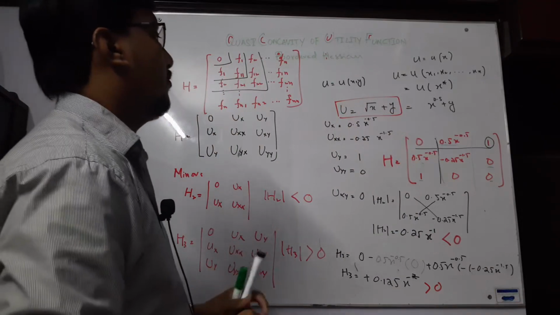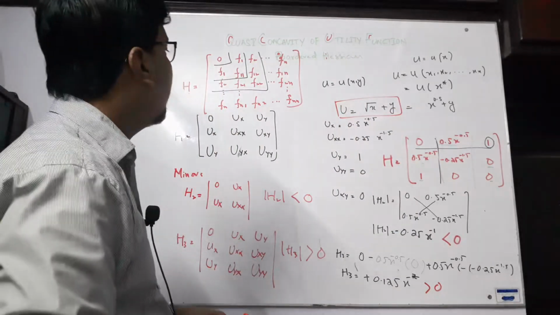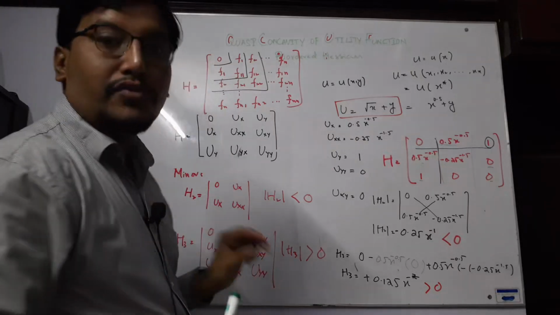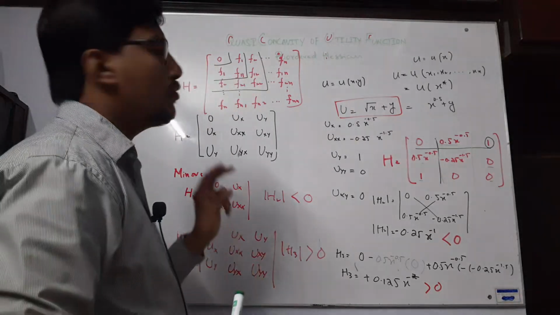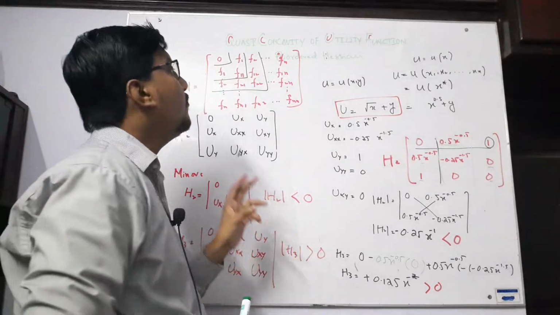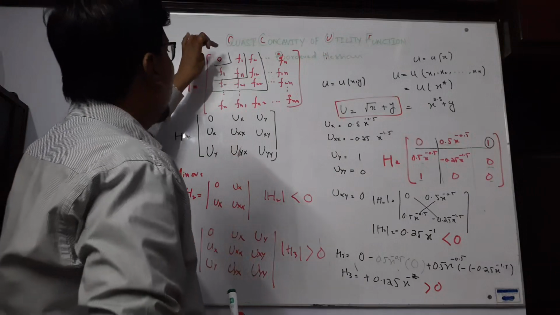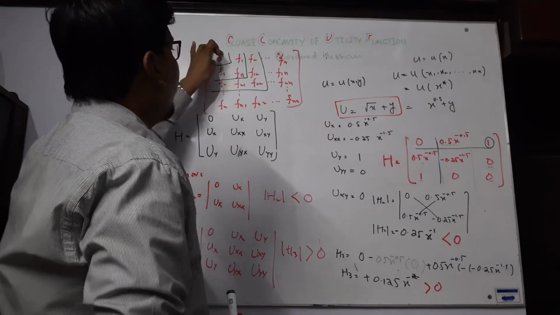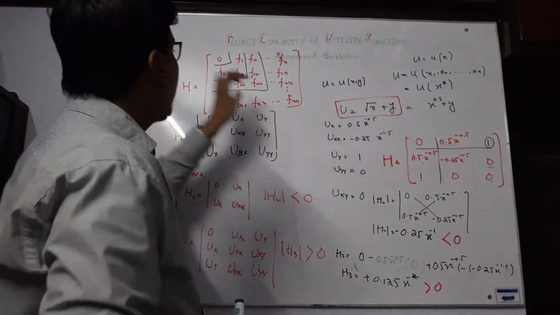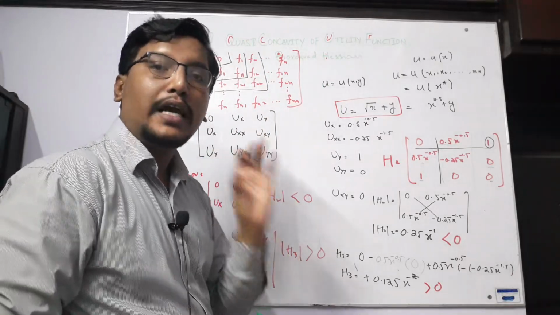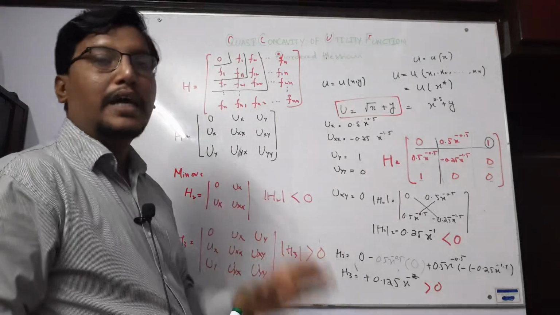And one thing is very important: if the first term is 0, that means we are interested in checking quasi concavity. If we are not using the first term and we start from f1, f2, f3 up to fn, then this is for checking concavity, not quasi concavity.